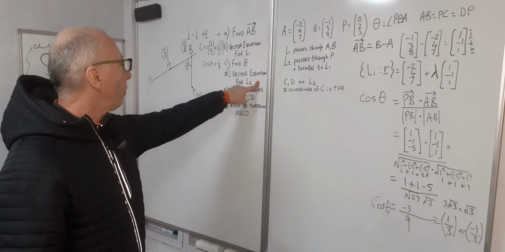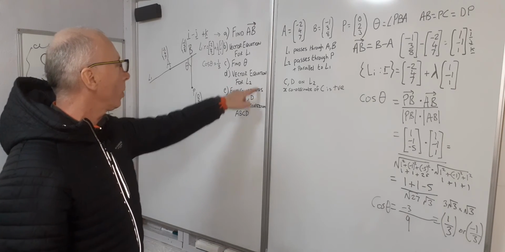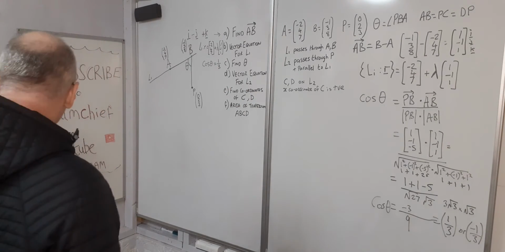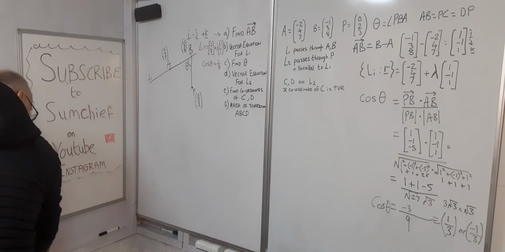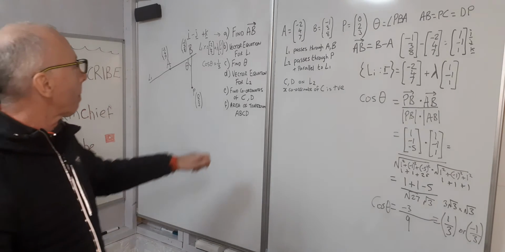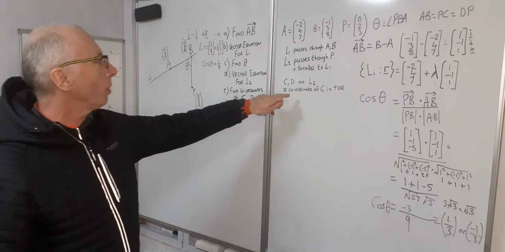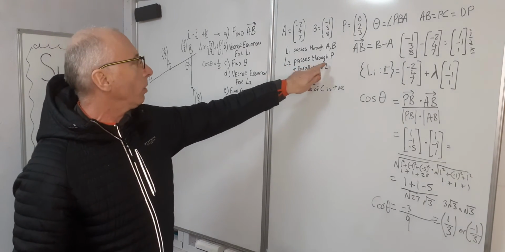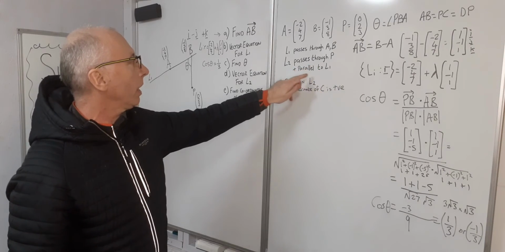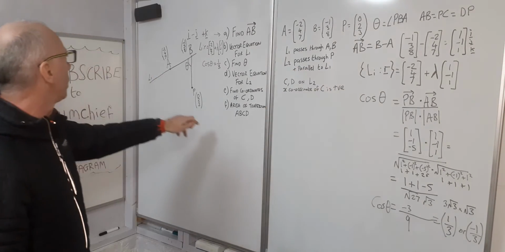Vector equation for L2. So what do we know about L2? Let's get a better pen. L2 passes through P and is parallel to L1.